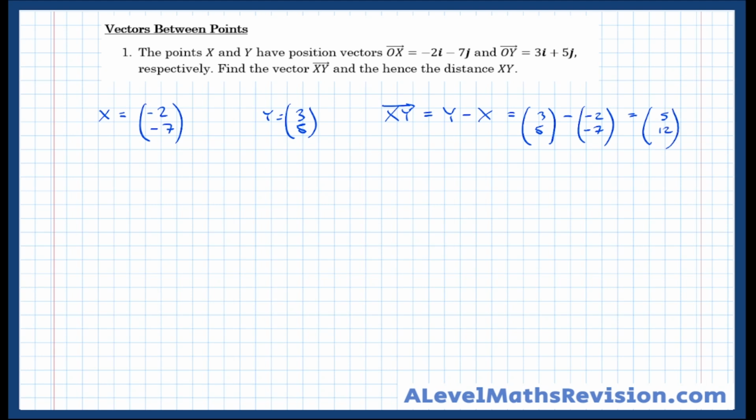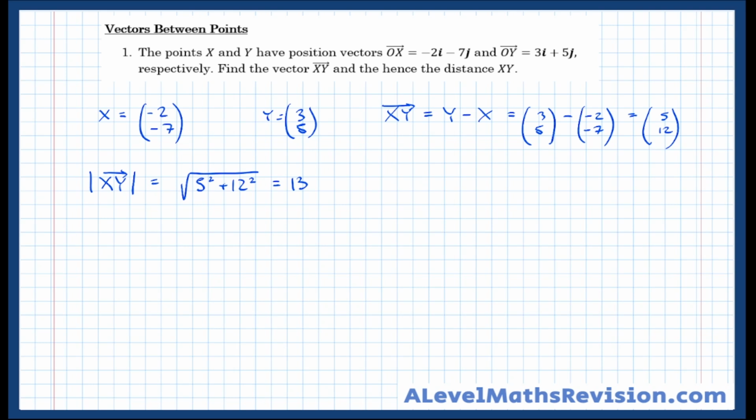So that's what we do to get from X to Y. And then it says find the vector XY and hence the distance XY. Okay, so the length of the vector XY is equal to the square root of 5 squared plus 12 squared. And recognising your Pythagorean triples, you might either just remember that that's 13, or you can check that in your calculator.